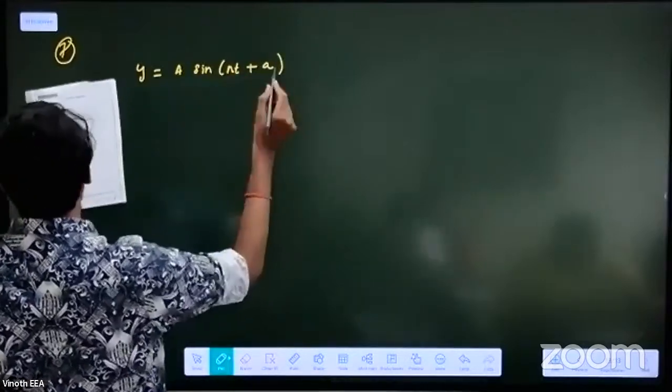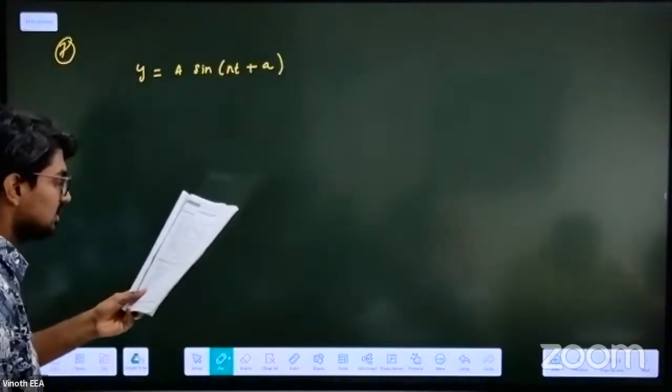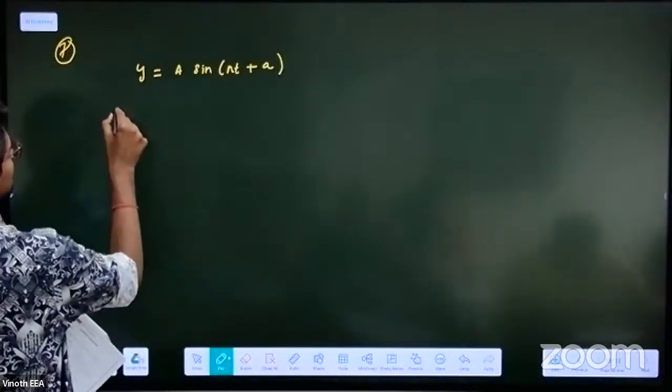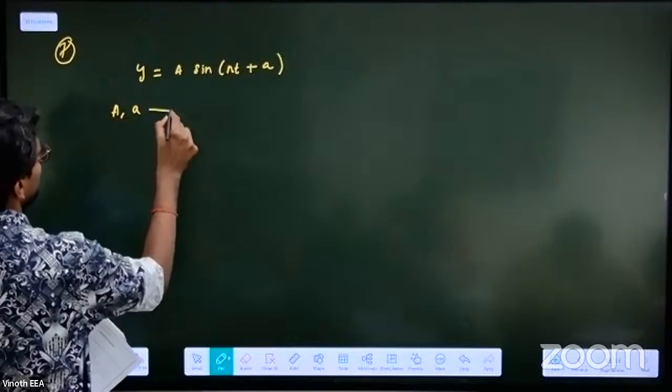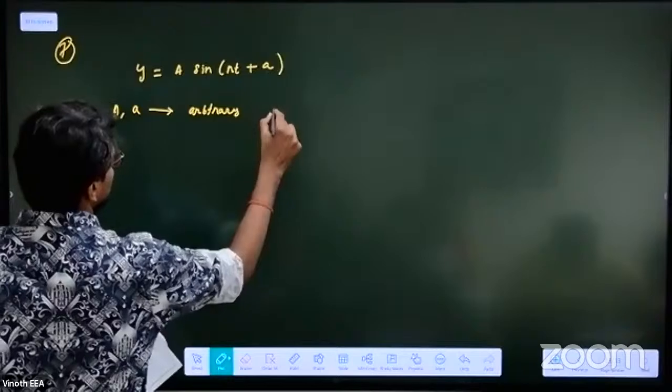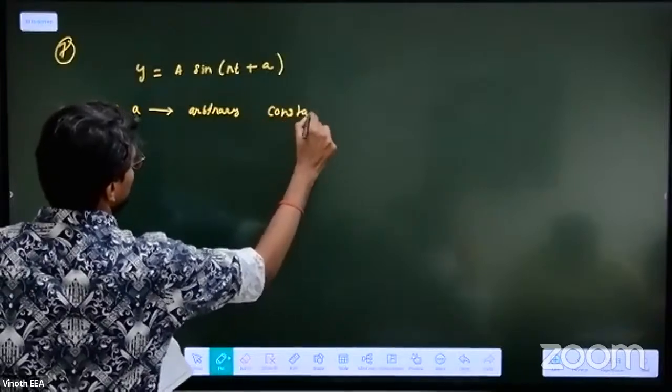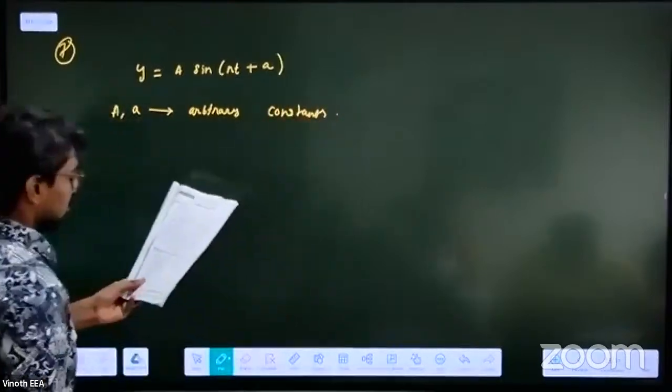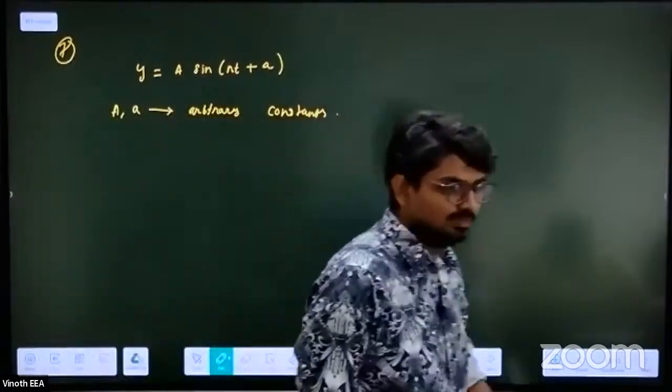So y is dependent, t is independent. We need to focus on the arbitrary constants. They have given capital A, comma small a, both are arbitrary constants, and I need to find the differential equation.